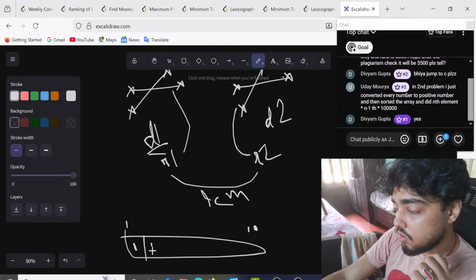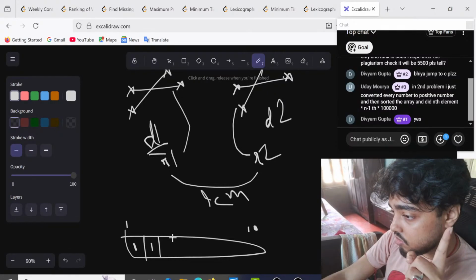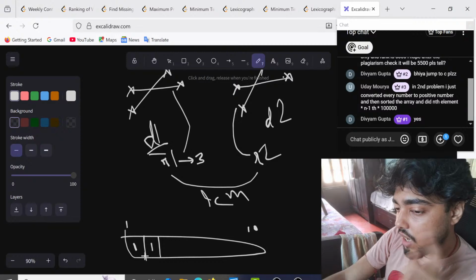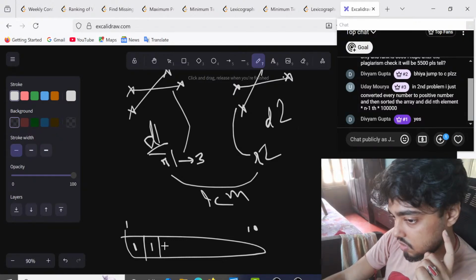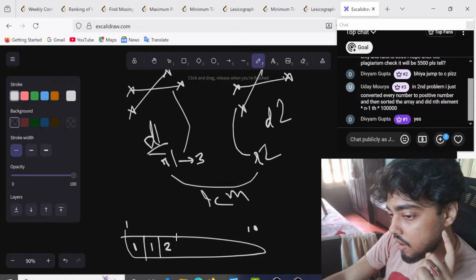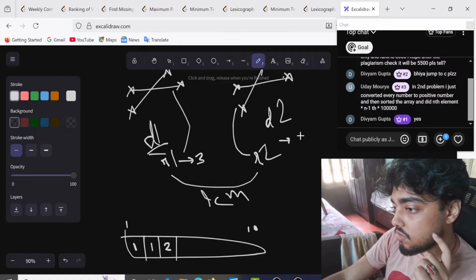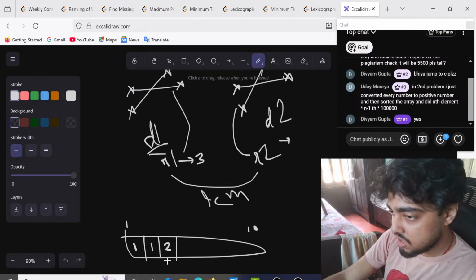Drone 1 can deliver on 2, I will give it to drone 1 only. Drone 1 can't deliver on 3, that is R1 is equal to 3, let's say. So I will try giving it to drone 2. But what if R2 is also 3? You never know. Then I can't give that slot to anyone. But that is an exceptional case.